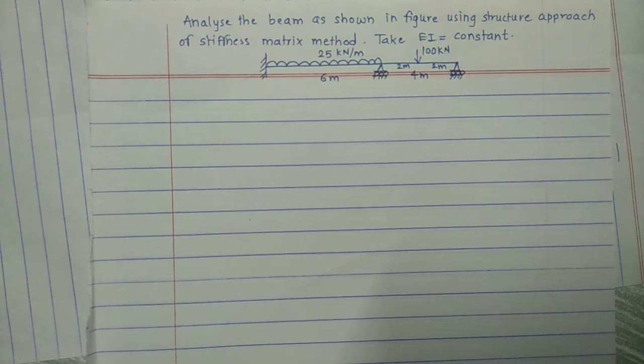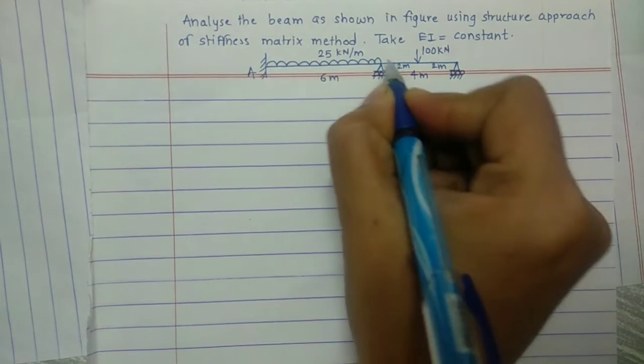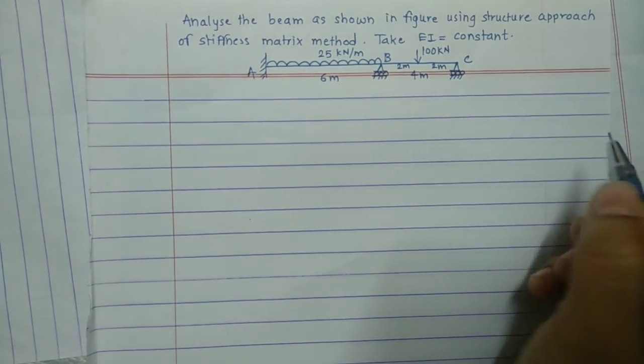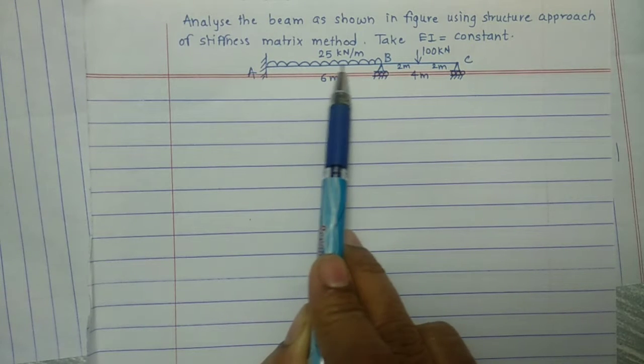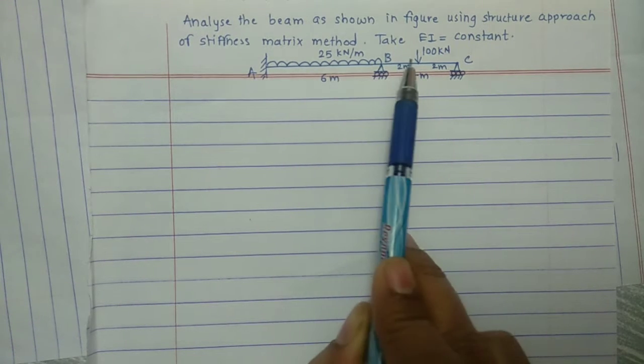So here is the problem statement. Analyze the beam as shown in the figure using the structural approach of the sequence matrix method. EI is given constant. Here this beam is given. This is support A, support B and support C. Member AB is loaded with 25 kN per meter UDL, span 6 meter.